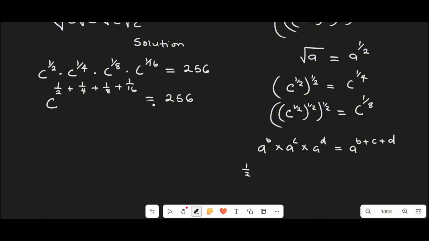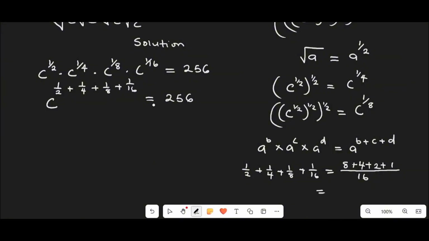1 over 2 plus 1 over 4 plus 1 over 8 plus 1 over 16 is equal to, their LCM is 16. 2 goes in 16 8 times. 8 times 1 will give us 8, plus 4 goes in 16 4 times. 4 times 1 will give us 4, plus 8 goes in 16 2 times. 2 multiplied by 1 will give us 2, and 16 goes in 16 1 time. 1 multiplied by 1 plus 1.